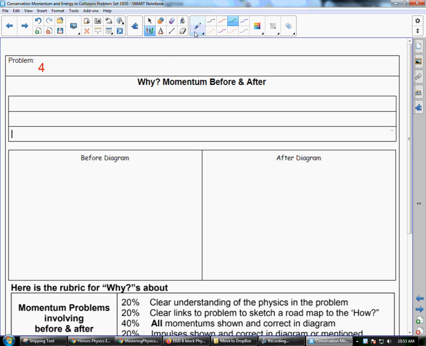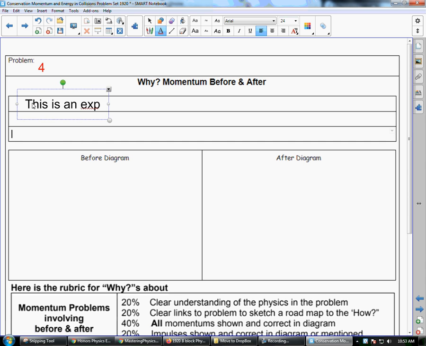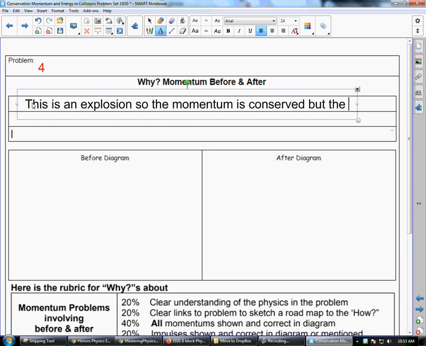So I'm going to write about that. And so this is an explosion. So the momentum is conserved, but the kinetic energy increases.